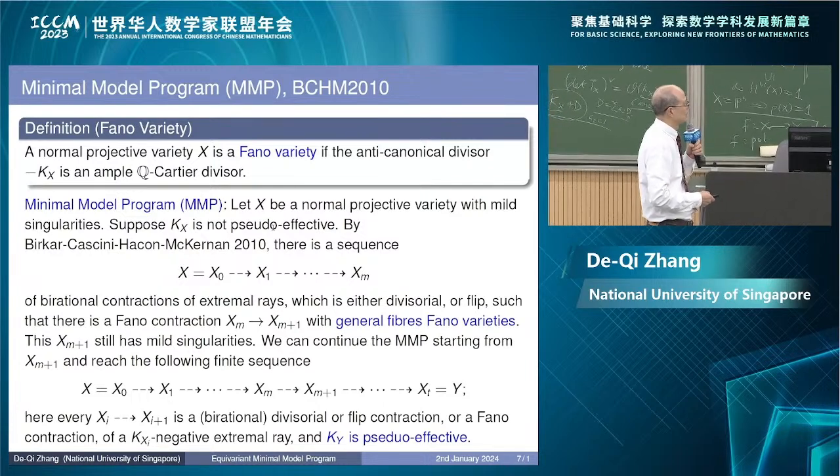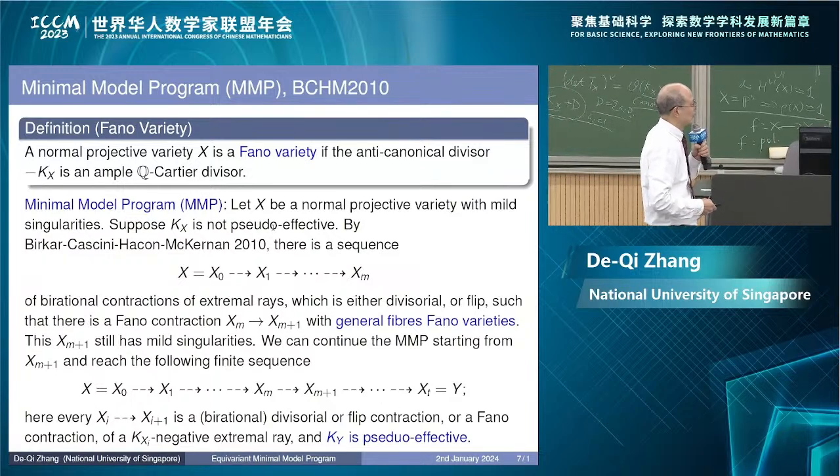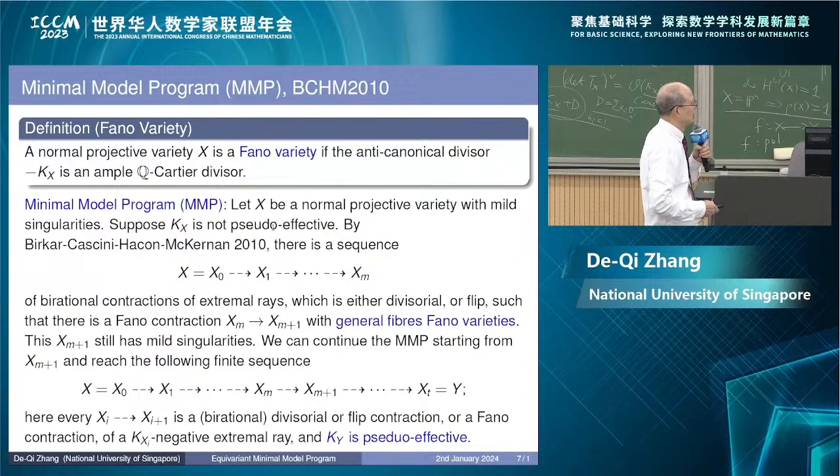Up to here, these are birational, they have the same dimension, but eventually the dimension drops and you have a Fano contraction, meaning that a general fiber over a point, the preimage downstairs, is a Fano variety. You have a Fano contraction. Then you can work downstairs, so you can continue this MMP.